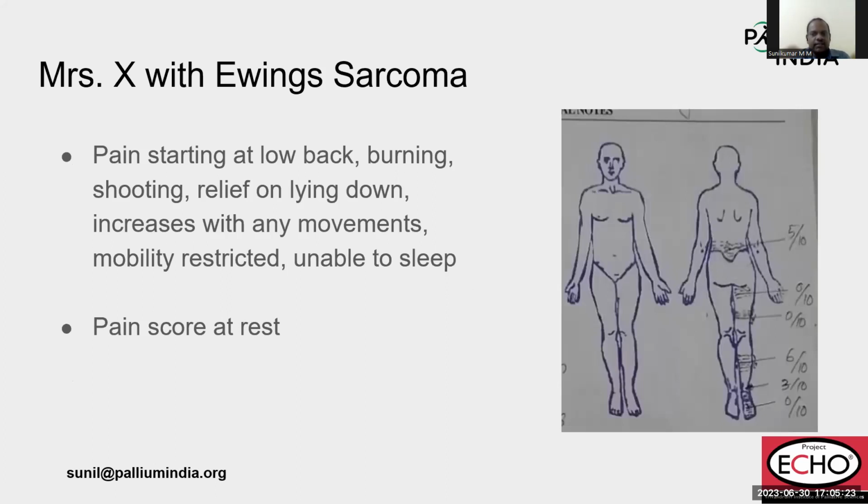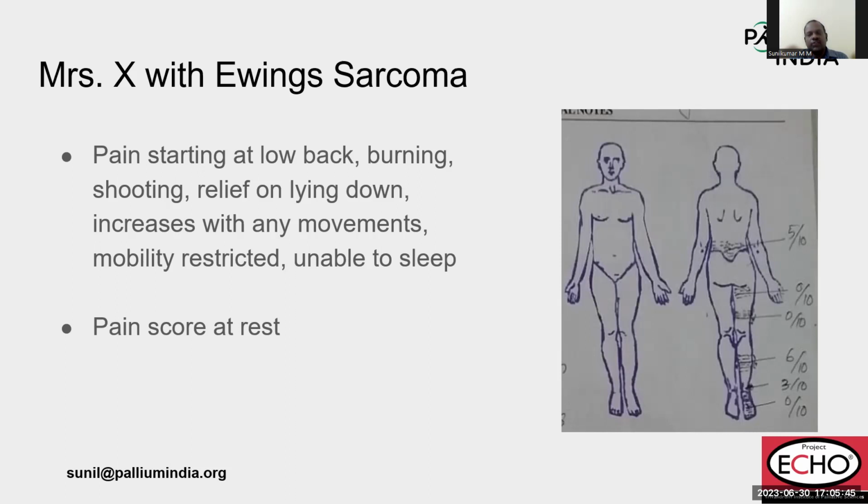You can see the pain chart, where the pain starts at low back. She described it as burning as well as shooting. And there is some relief on lying down, but any movements increase the pain. So that the mobility is restricted and she is unable to stay.